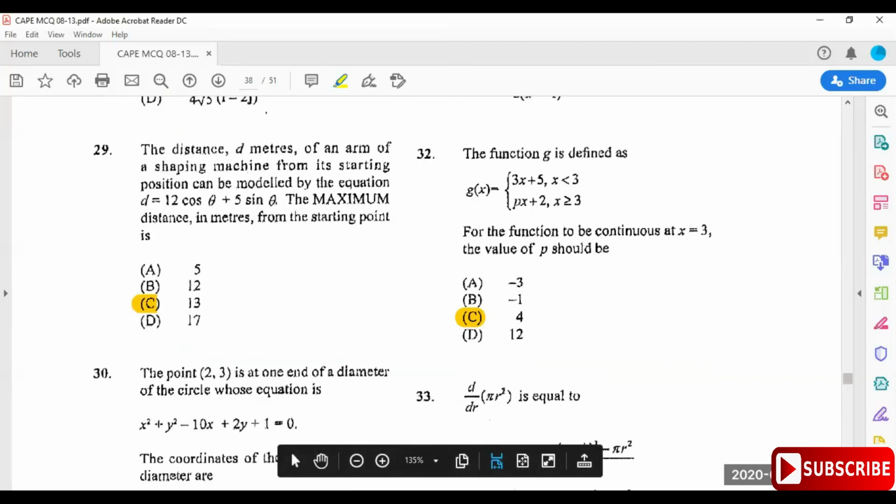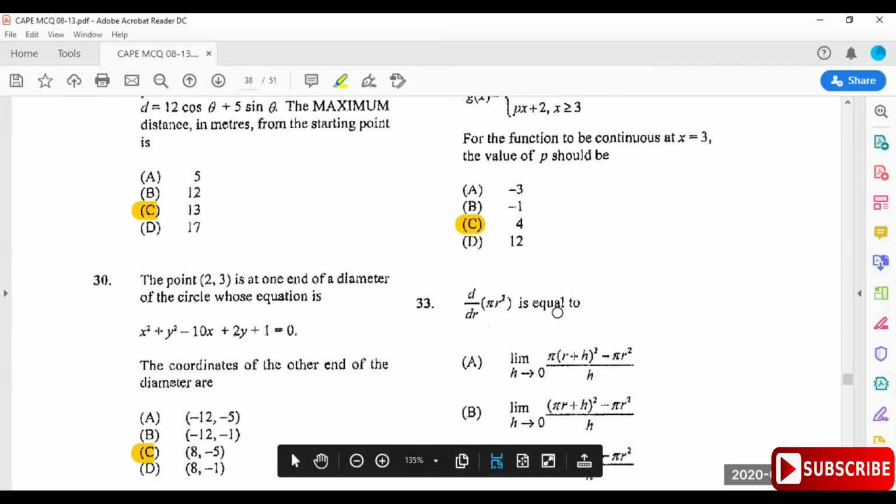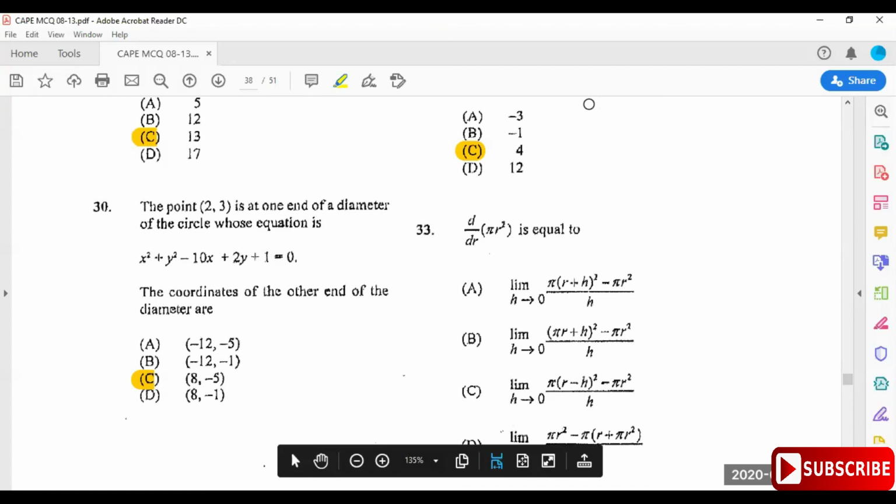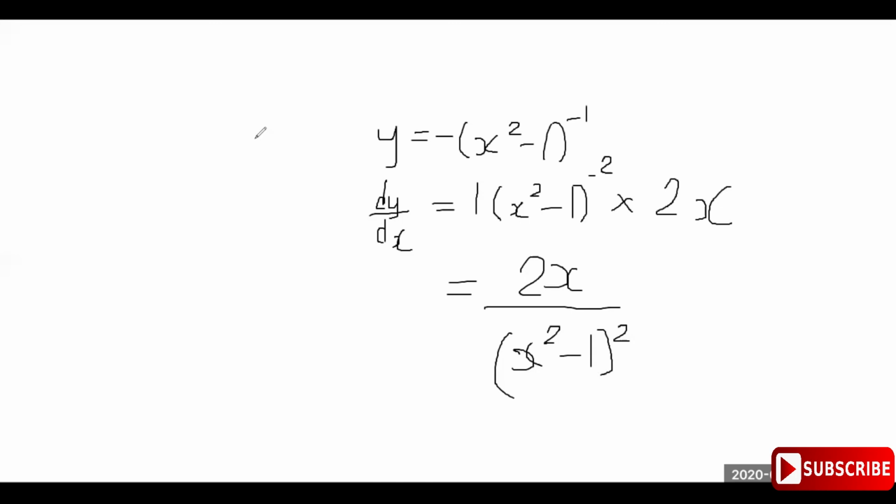Easy question. Now this question is testing our knowledge of limits by first principle. It is quite easy, but I just want to write down the formula again so you remember it.